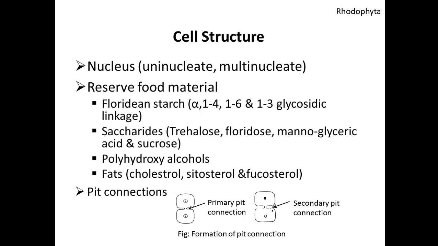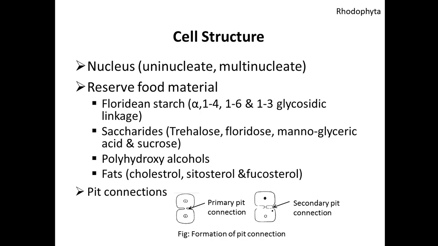Now, reserve food materials. The stored food is in the form of polysaccharide, that is, Floridean starch. This Floridean starch or storage product is a carbohydrate which is very much similar in structure to amylopectin, which is a component of starch, and the glycogen. Floridean starch is composed of alpha-1,4 and alpha-1,6 plus alpha-1,3 glycosidic linkage.